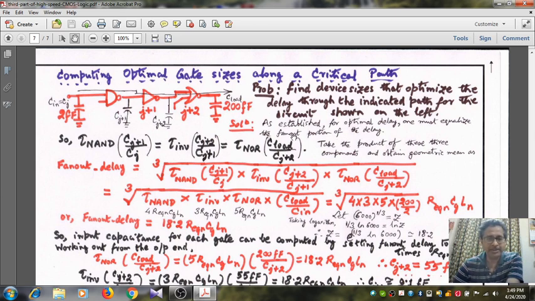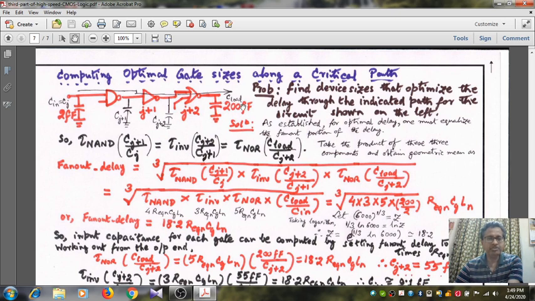So how do you proceed towards the solution? As you have already established, for optimal delay, we must equalize the fan out portion of the delay. That means we have to ensure this. Here NAND followed by inverter followed by a 2 input NOR gate. So tau of NAND multiplied by the ratio of Cj plus 1 and Cj, that should be equal to tau of the inverter multiplied by the ratio of Cj plus 2 upon Cj plus 1, equal to tau of NOR multiplied by the ratio of C load and Cj plus 2.